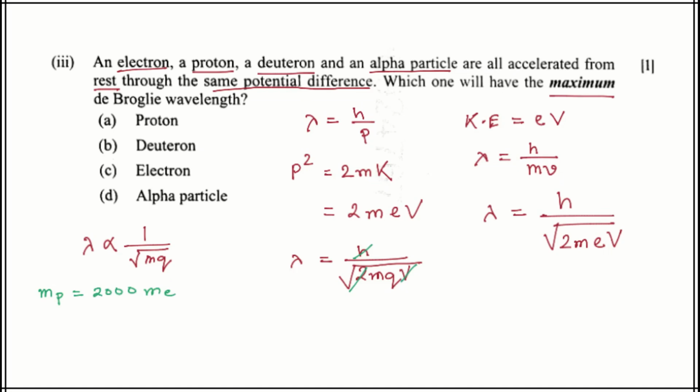And for deuteron also, the mass of deuteron is 4000 times the mass of electron. Now in the case of an alpha particle, the mass is almost 4 times that of a proton, that is 8000.